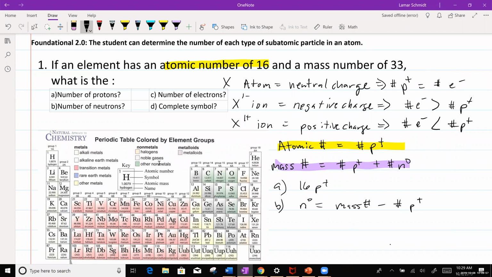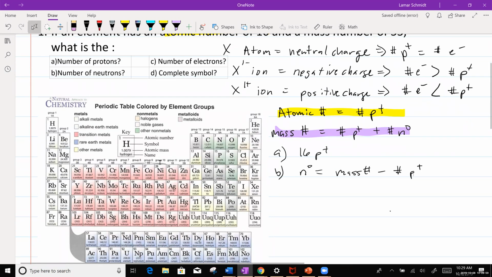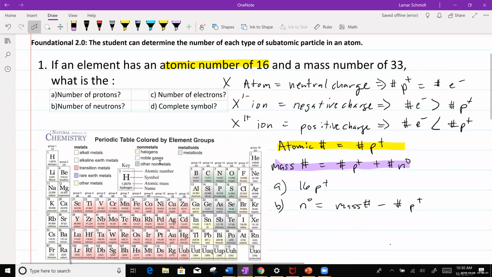We know the mass number is 33, because it says it right there, and we know the number of protons is 16, because that's what we determined in part A. So 33 minus 16 is going to be 17 neutrons. So that's the answer to B.